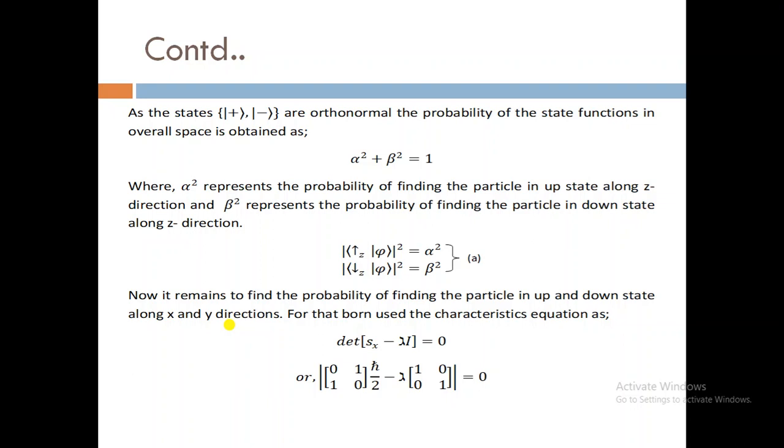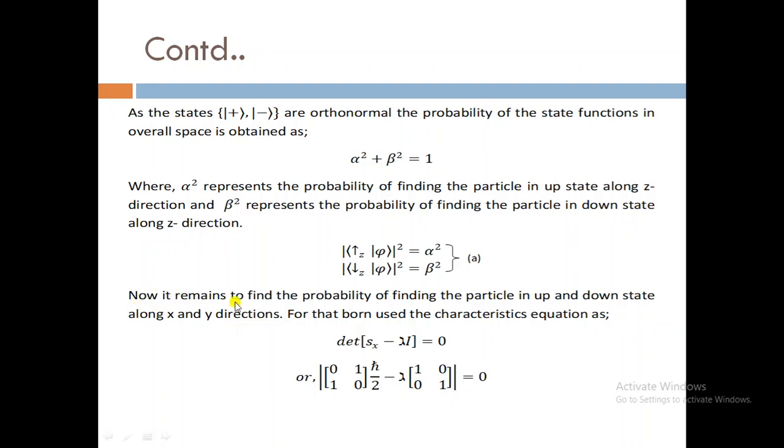But according to the sixth postulate, we could not find the probability of finding the particle in up and down state along y and x direction. For that, we have to use the characteristic equation. Okay, so after using the characteristic equation, we will first find the eigenvalue, and then we will solve that to find the required probability.